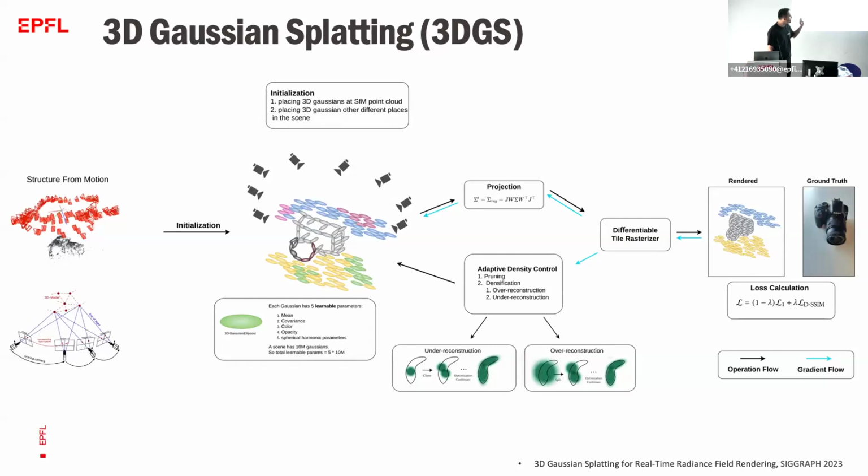And each of these points is basically a Gaussian. You can see it as a 3D representation. All of these have parameters which are learnable, similar to neural networks. You have the mean, where exactly the point is located, and the covariance matrix for the scale. Color, either in RGB values or spherical harmonics.